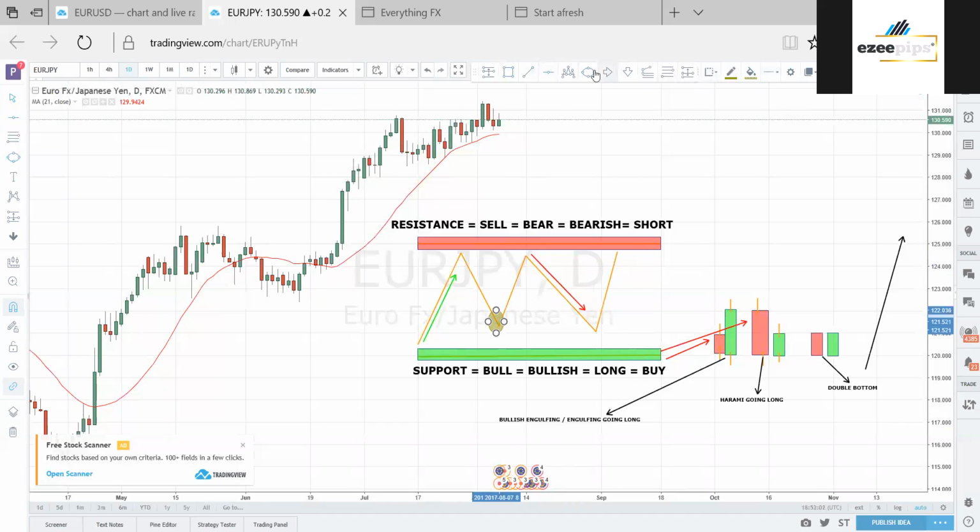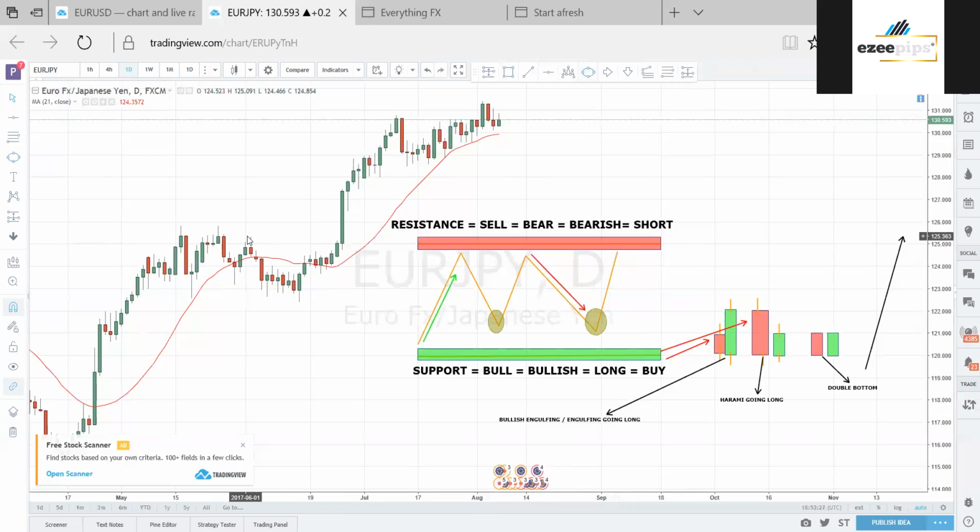So this represents a support, right? Good. So a support is always found here. Price will go up, come down. If price is retracing down, it comes down to a level of where? Support.